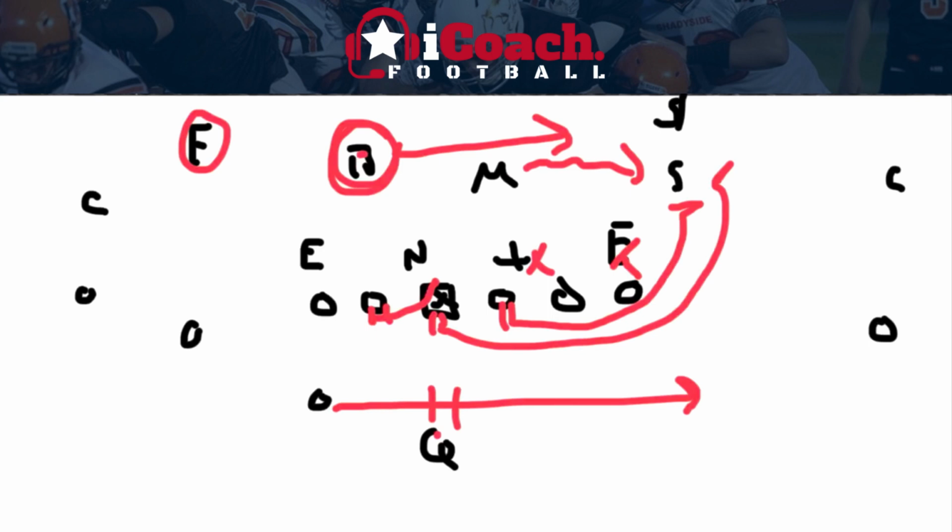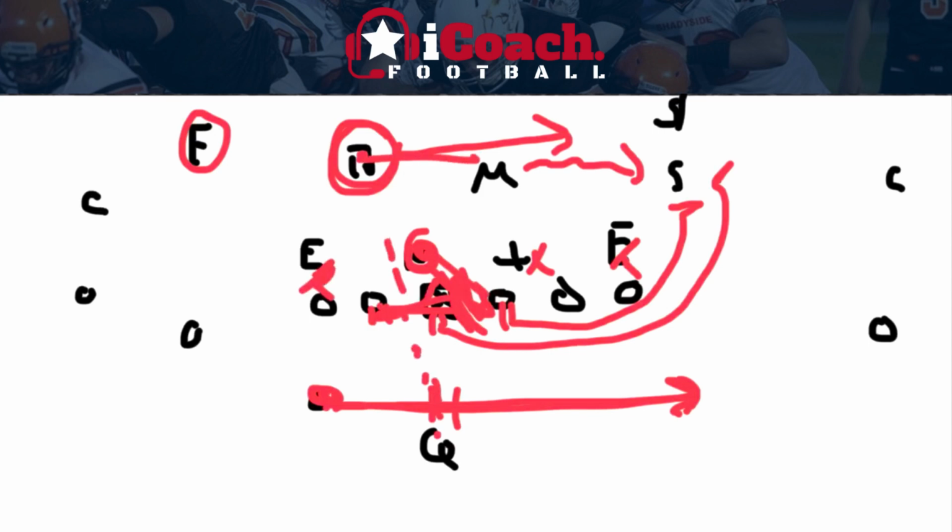No. So what's really going to happen is that nose is going to go towards the tailback, and he's going to think he's got a free shot. But what's really happening is this guy's going to wind up sealing him off, because, let's face it, this guy should not be able to tackle this guy if he's running as fast as he can this way anyways. So when that happens, it kind of blows open a hole there, and if the buck backer goes, the quarterback's going to pull it and run to daylight.